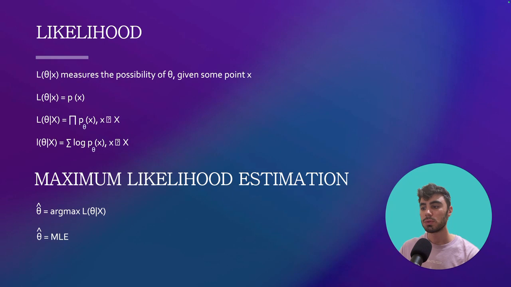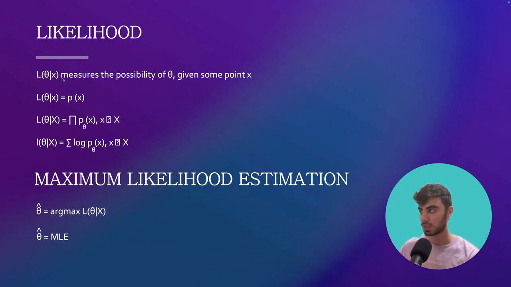The likelihood is a measure of how well a statistical model, often characterized by a set of parameters, explains observed data, and it quantifies the probability of observing the given data under the assumption that the model is true. Likelihood is often denoted like this and measures the possibility of theta given some point x.